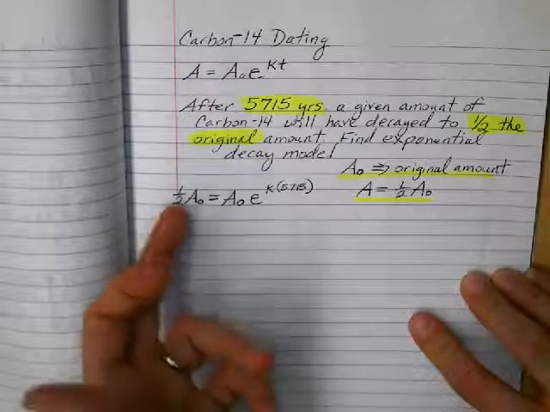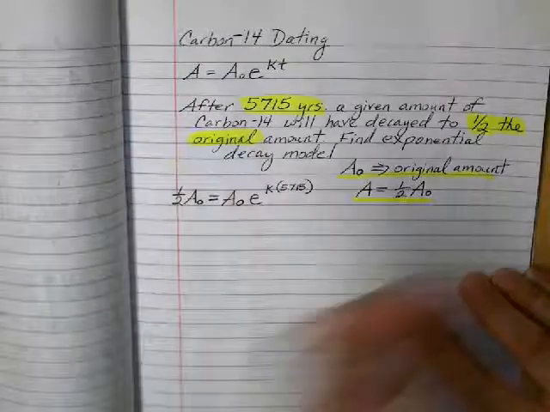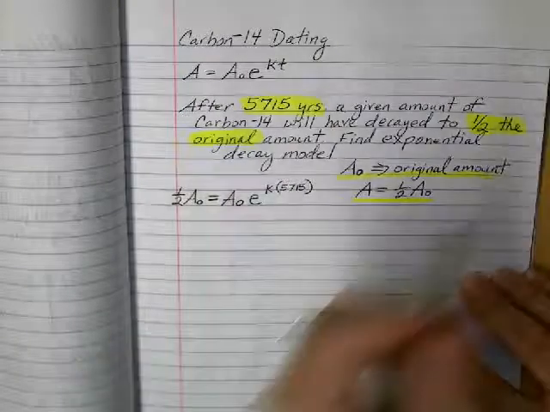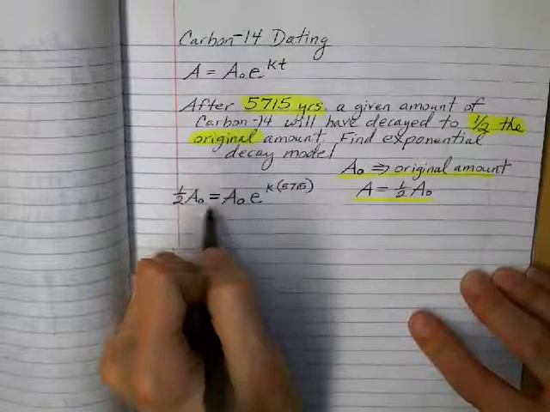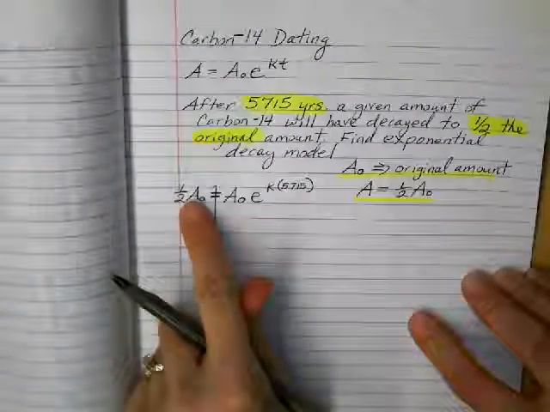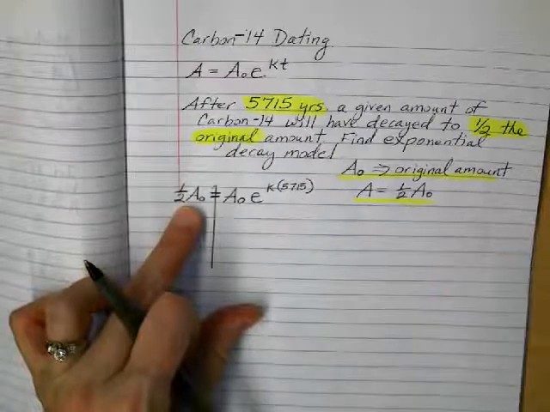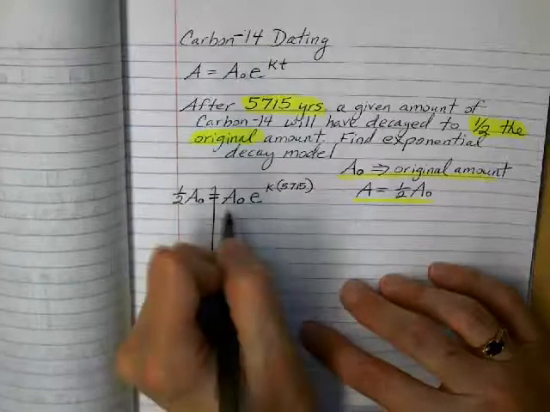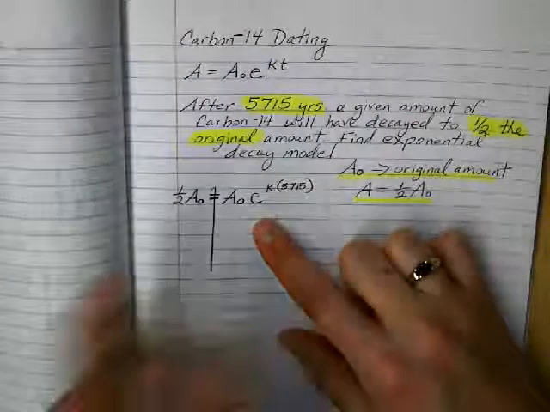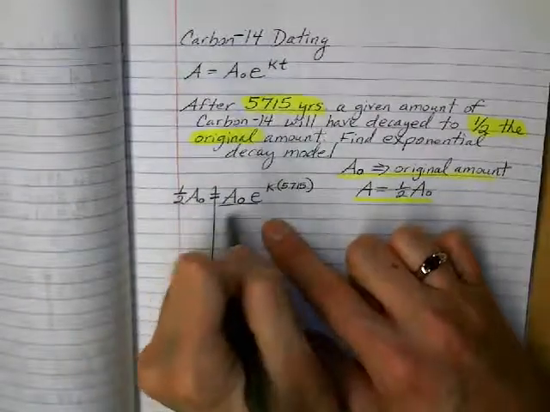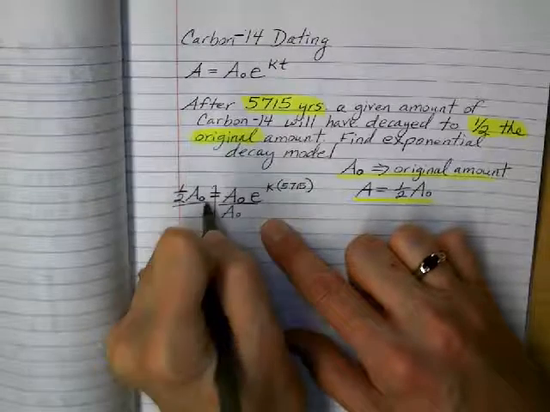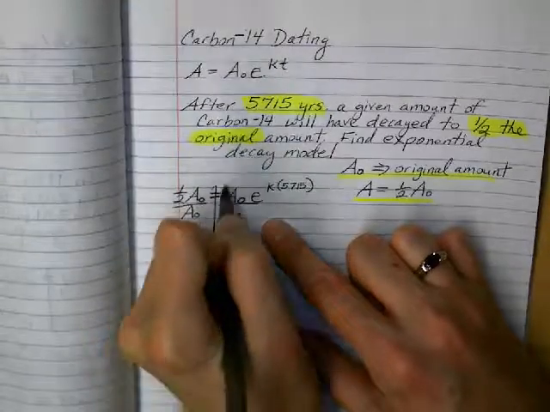So it's kind of different that you don't know the original amount and you don't know what half of the original amount is, but that's just how you set it up. You do end up doing the problem kind of the same way though. Then you divide by A0, divide by A0. So that A0 is going to cancel out. It's just going to be 1/2.